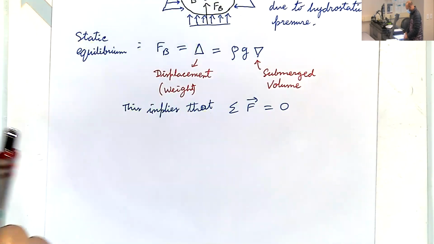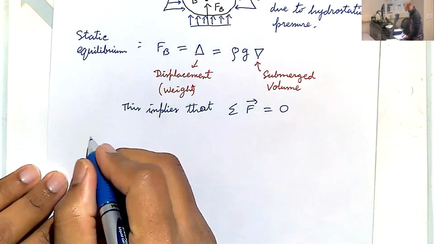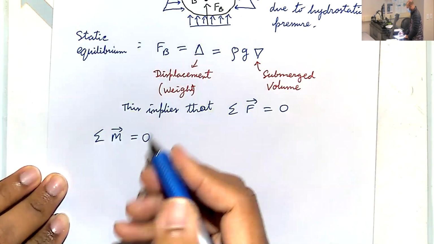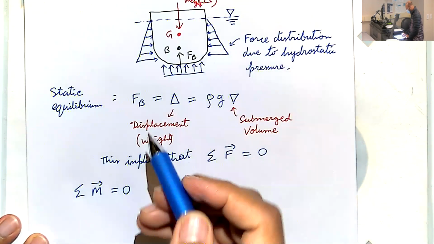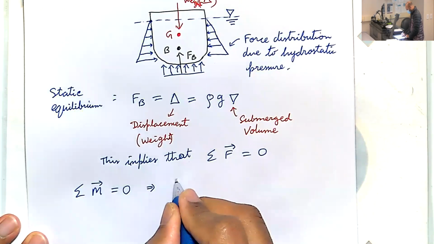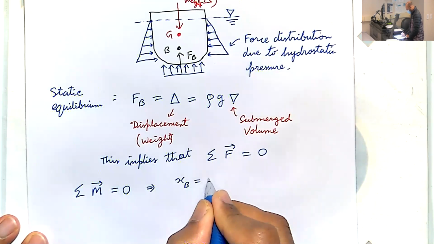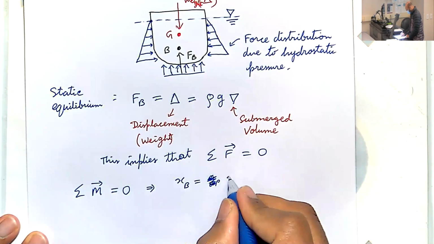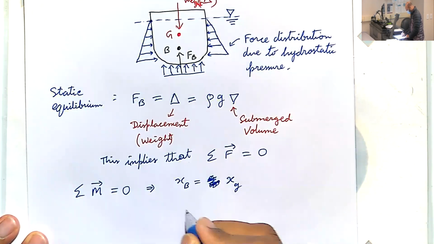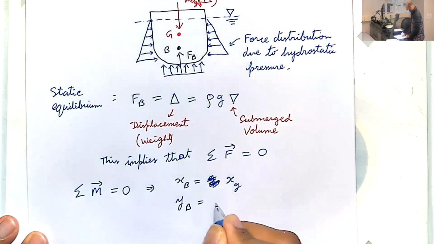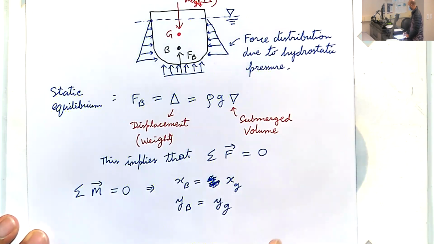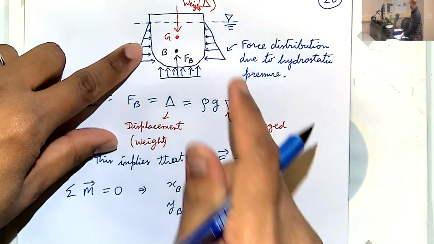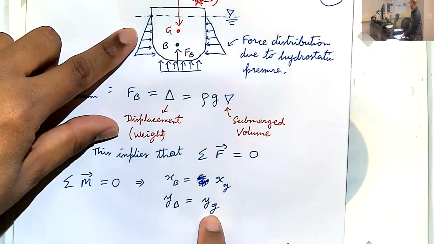So static equilibrium also means that the summation of all the moments is equal to 0. And in this case, that's telling us that xb has to equal xg, and yb has to equal yg. See, if I displace this guy sideways, that's me changing yg.